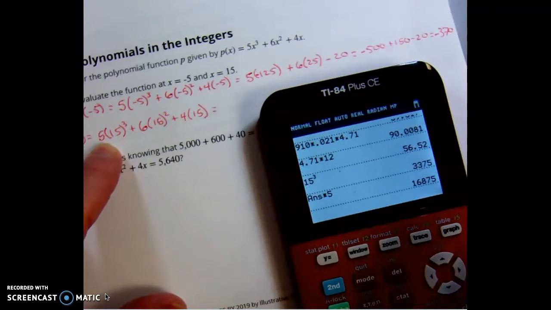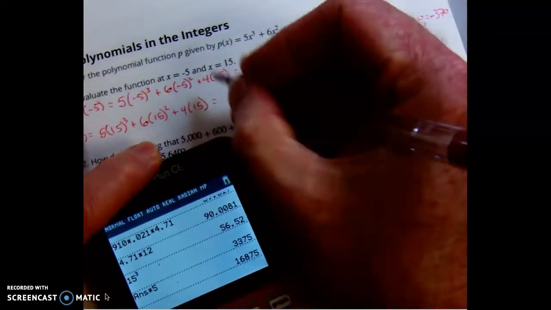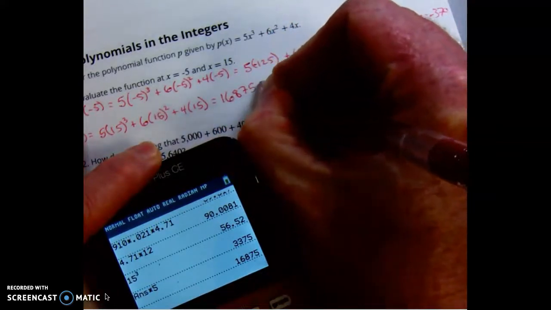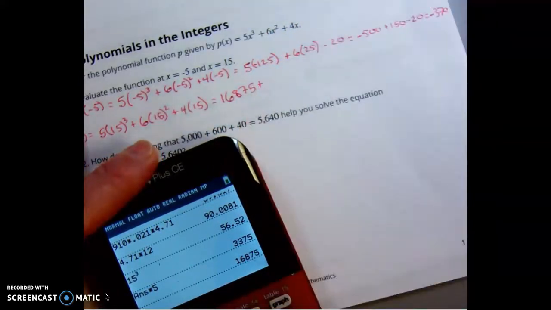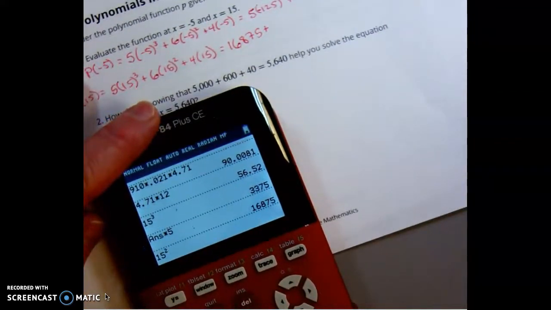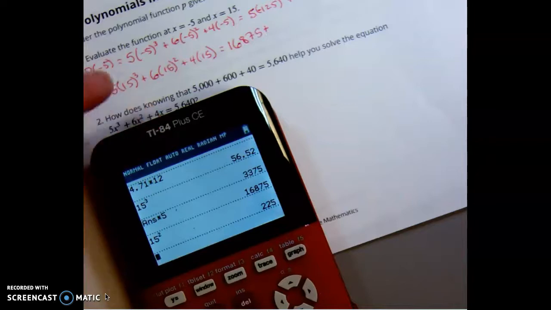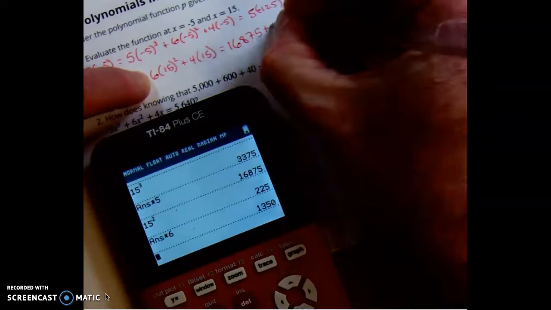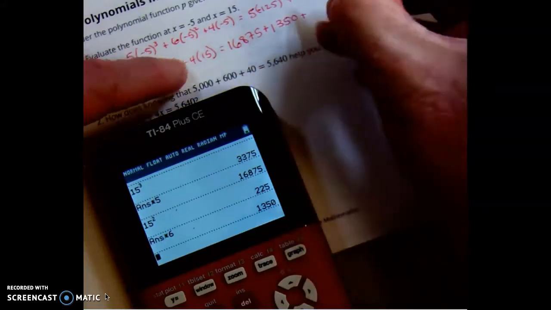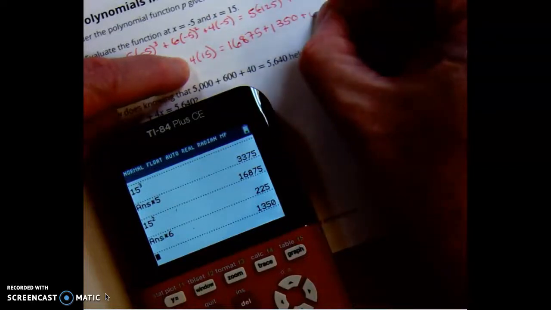So 16,875. 15 squared is 225 times 6 is 1,350. 4 times 15, that's 60.